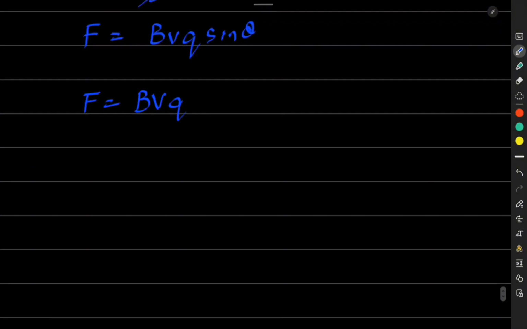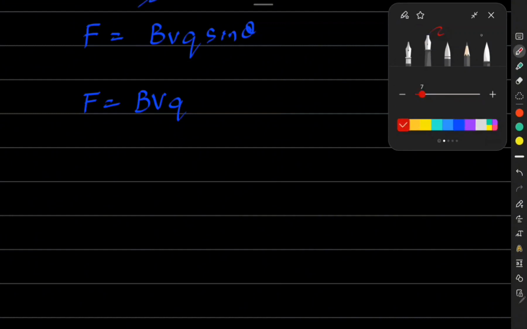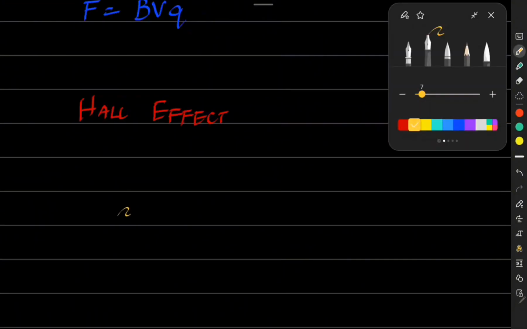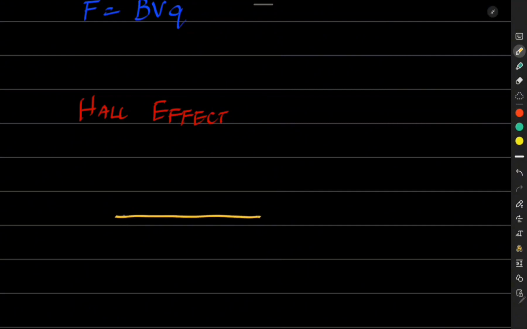Now we'll look at the next topic, the Hall effect. A current carrying conductor is placed in a magnetic field. This is a conductor placed in a magnetic field, and the magnetic field is going into the plane.